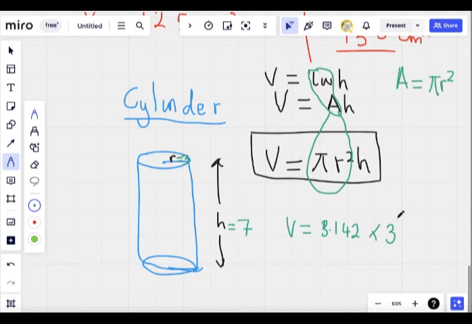Not just times 3, okay, then times the height. The height has been given to be 7. We multiply by 7. So when you do that, we can evaluate the volume of the cylinder. Okay, can someone multiply for us? 3.142.